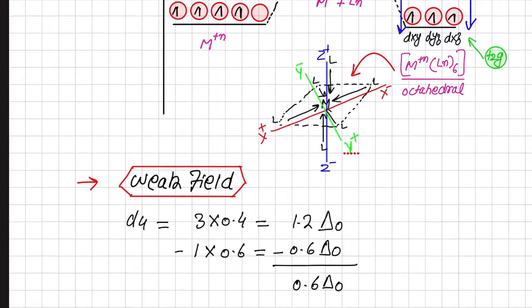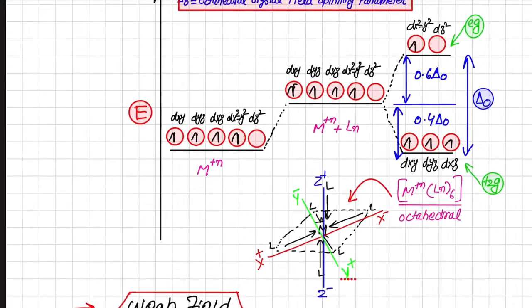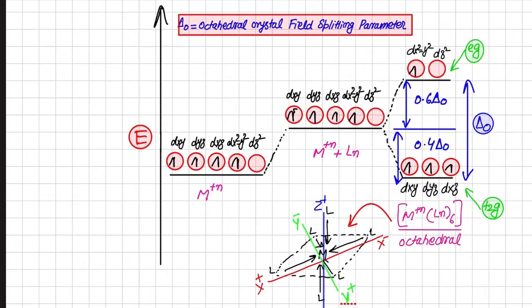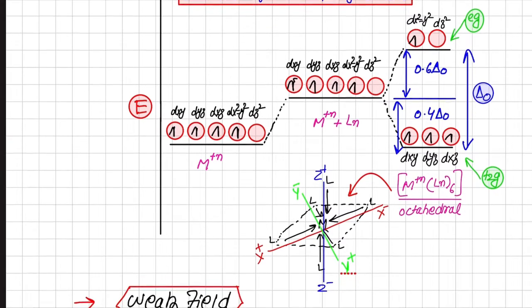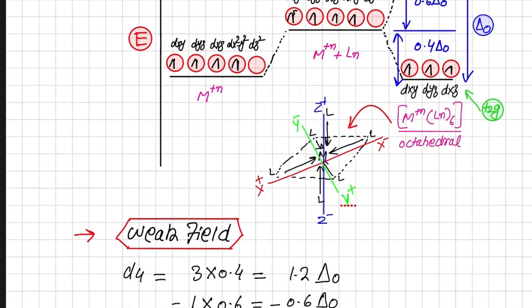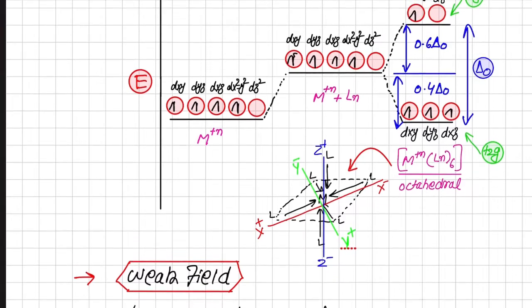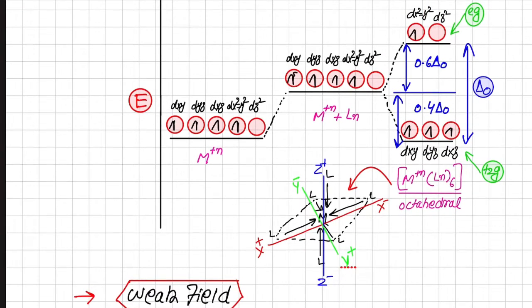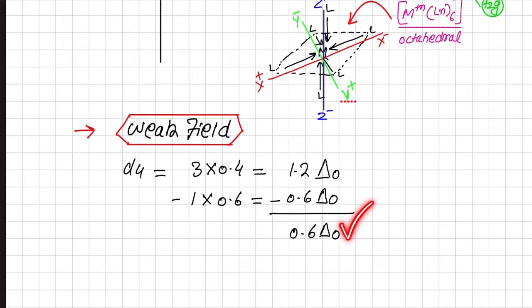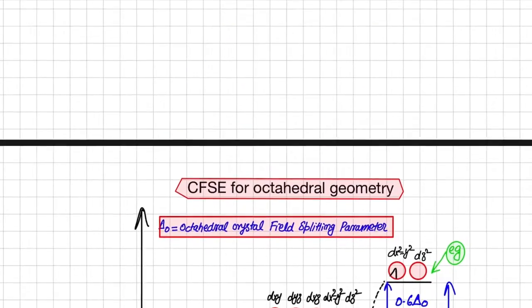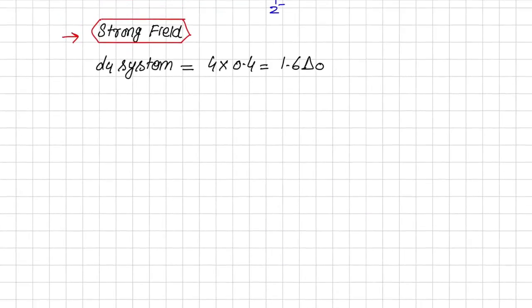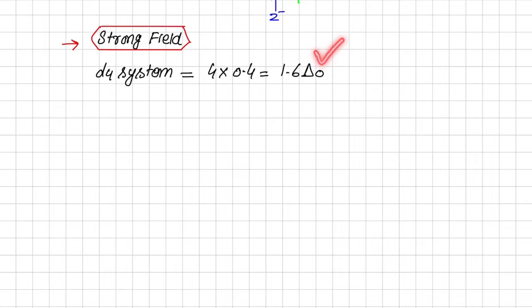So in this way, we calculate the second case of the D4 system, in which the ligand is weak field such as halogens and water, etc. In this case, the value will be 0.6 del O, whereas in case of strong field ligands, the value was 1.6 del O for the same D4 system.